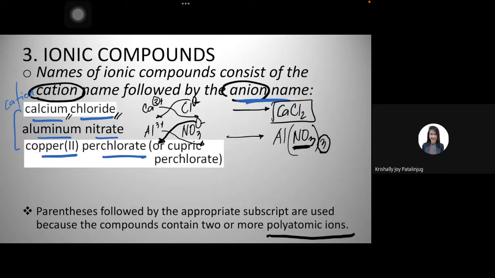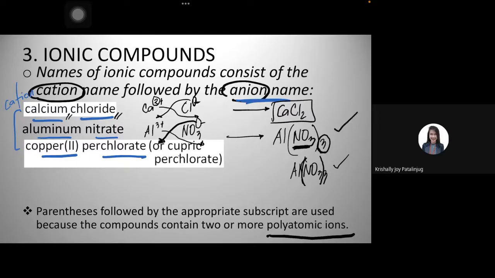Otherwise, if you do not write a parenthesis, it will become a 33 subscript. This only applies to polyatomic ions. If they are given a subscript greater than 1, we have to enclose them in a parenthesis. So that's the right way of writing the formula.